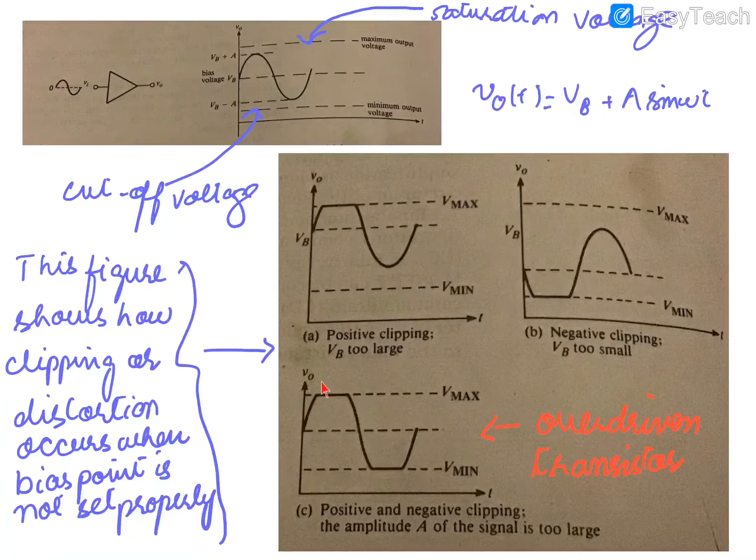So there will be clipping on both the positive and negative sides, because the positive peak is greater than saturation and the negative peak is less than the cutoff voltage. So in this case, positive and negative clipping will occur when the amplitude of the signal is too large, and the transistor is said to be overdriven.